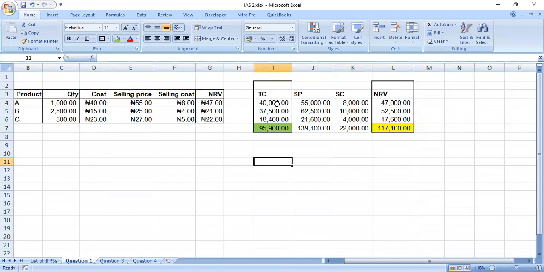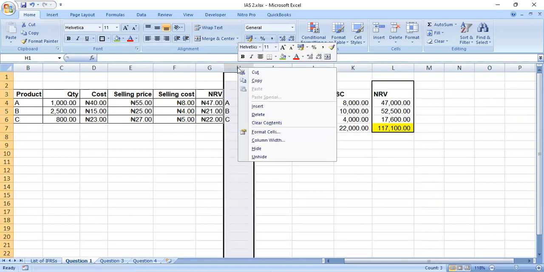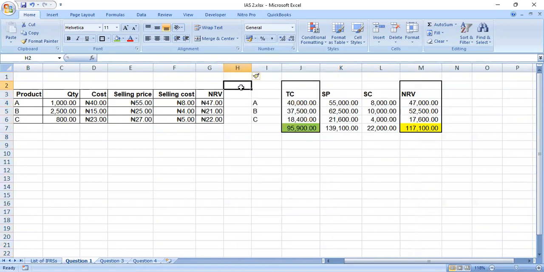So the question now is, these are for each of the products, product A, product B, and product C. Which of them is lower per product?